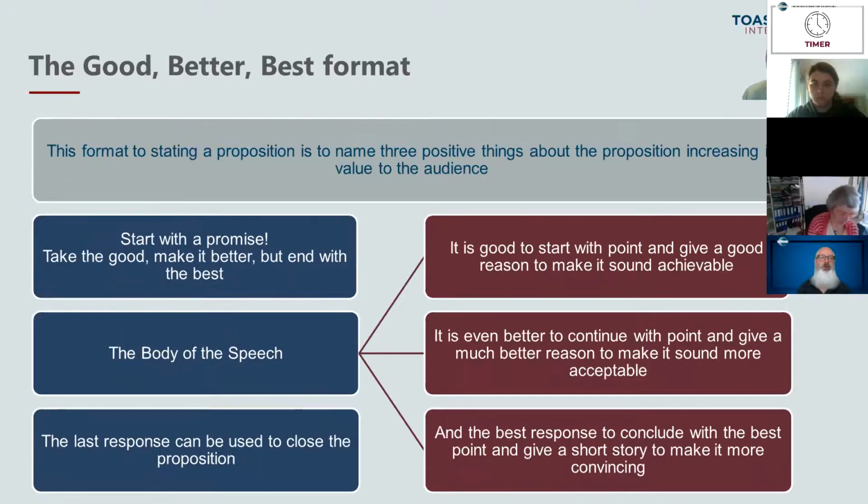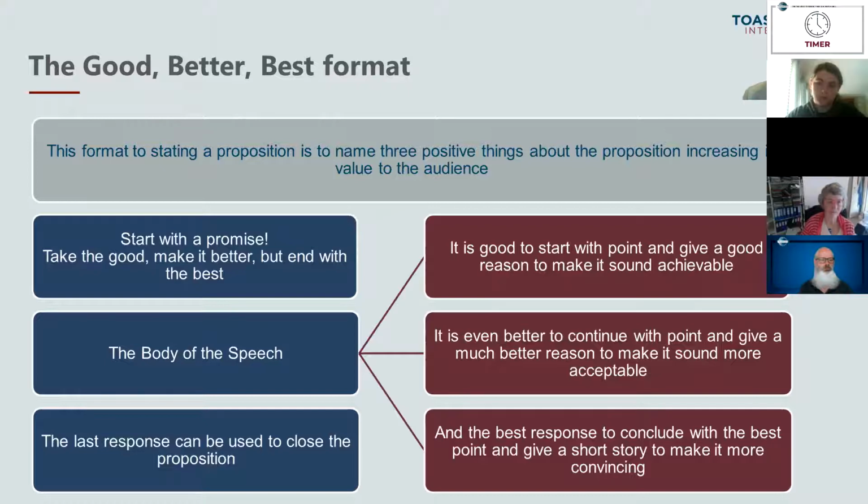Now, good, better, best is a type of rule of 3, but each one of these is going to be slightly different because you start with a promise that you're going to start something good, but end with something great. And the body of the speech is about a simple, good point that's achievable.